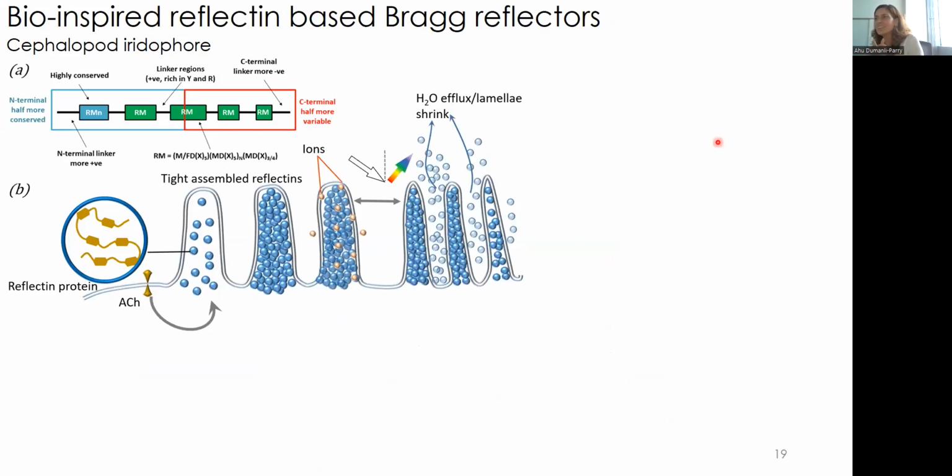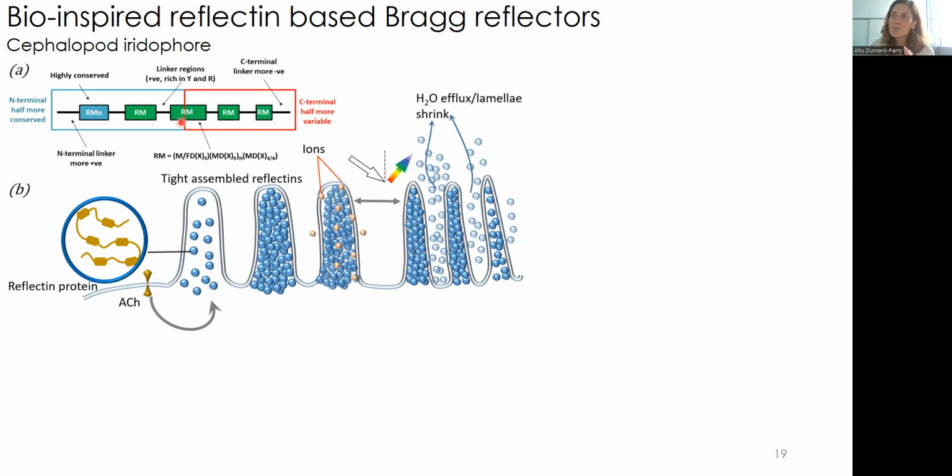So that's another storyline we just finished. And the last two examples, one of them is coming from the cellulose nanocrystals combined with another protein this time.